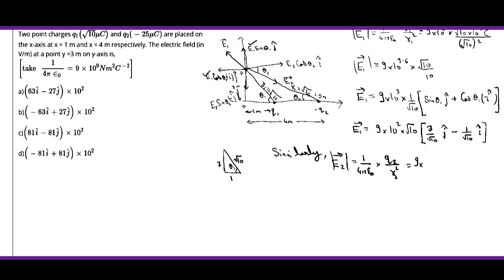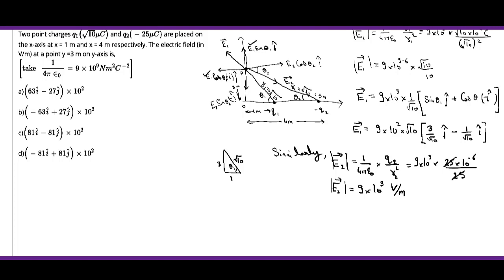The value is 9 into 10 to the power 9 into 25 microcoulomb, so 25 into 10 to the power minus 6, divided by R2 square, which is 25, 5 square. So 25 is cancelled out, and 9 and minus 6 result in 10 to the 9 into 10 to the power minus 6, giving 10 to the power 3. So the magnitude of E2 equals 9 into 10 to the power 3 volt per meter.